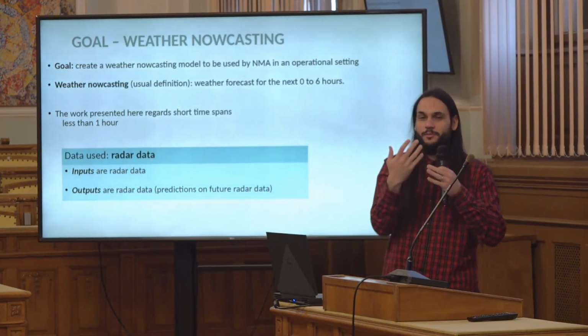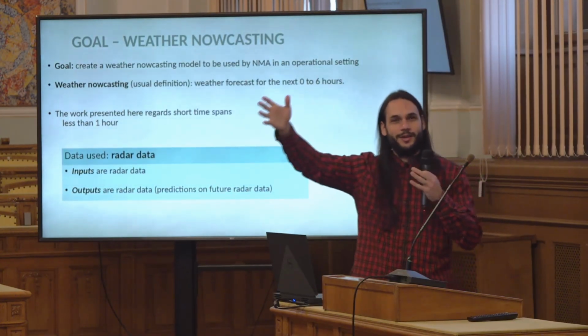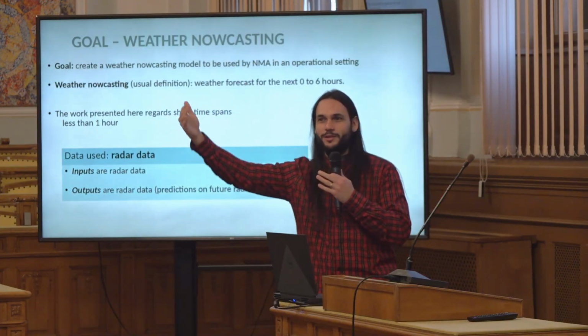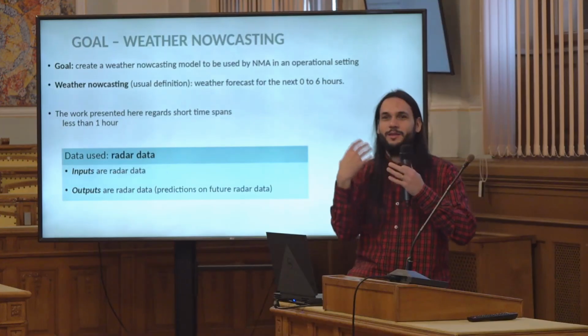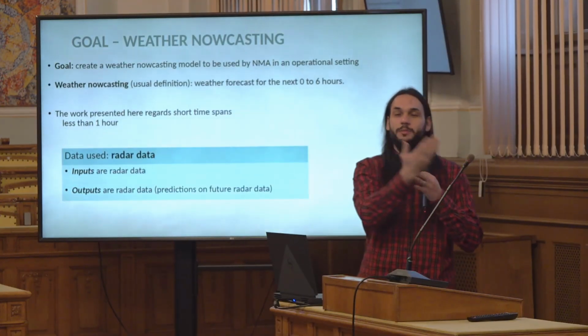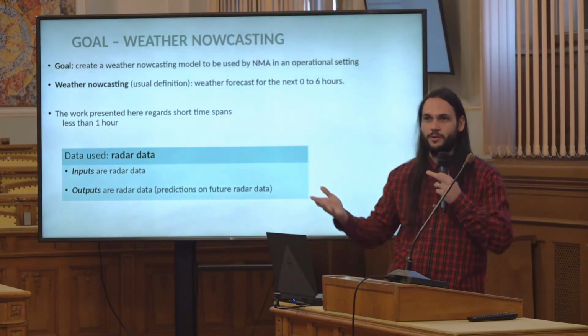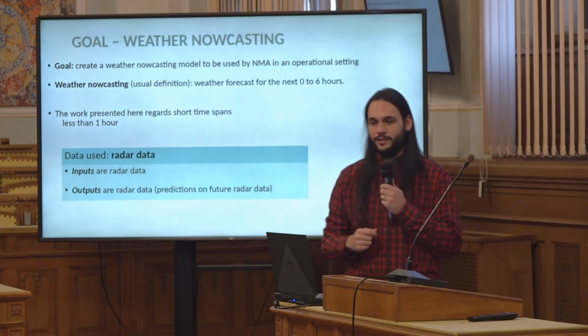The meteorologist would see that the AI predicts this will be the situation in, say, 5, 10, 20 minutes. Then they can make better predictions of whether there will be bad weather or issue warnings and so on.